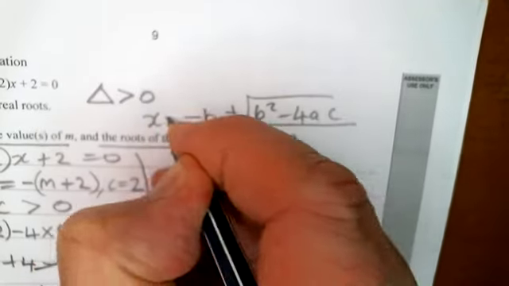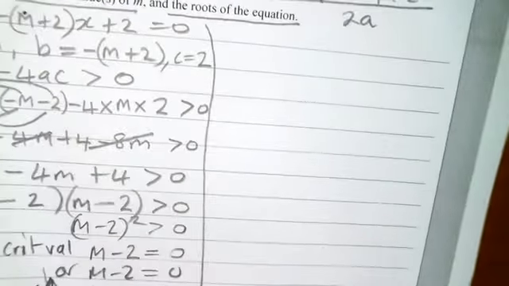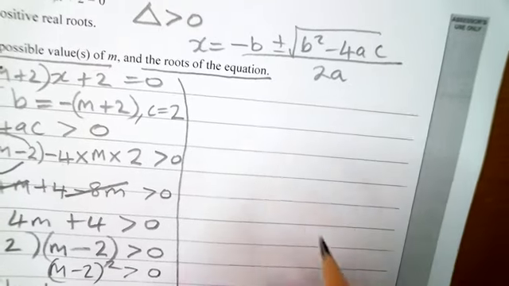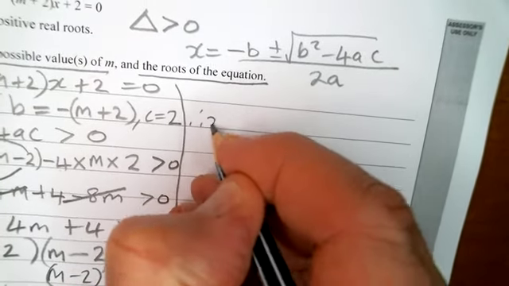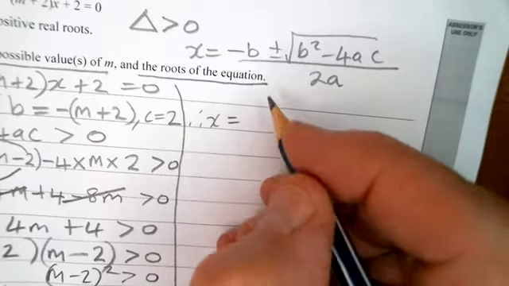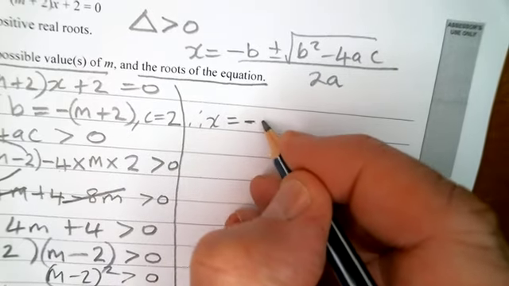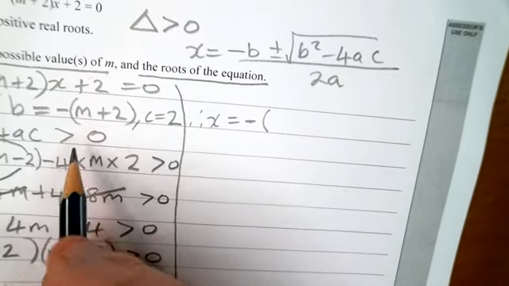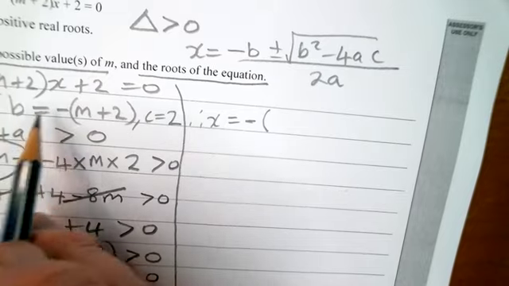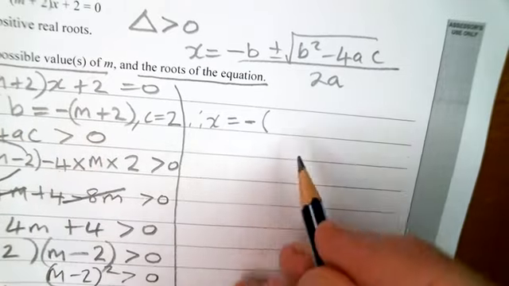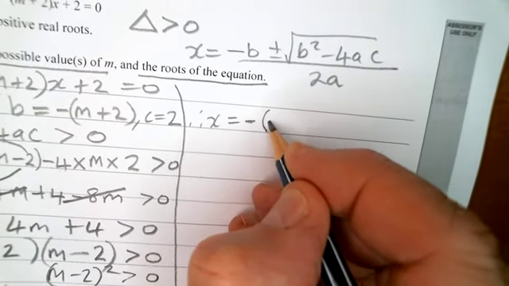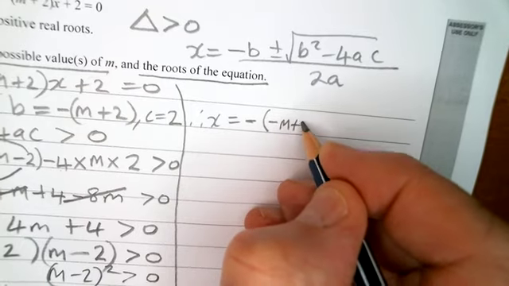And that's the value for x, and that's really what we're after now. We're after x. So therefore x is equal to, so I've got negative b. So put negative, and I'm going to put this in brackets because I've actually got another negative sign. The b is negative m plus 2. So I'm going to put negative m plus 2. There it is.